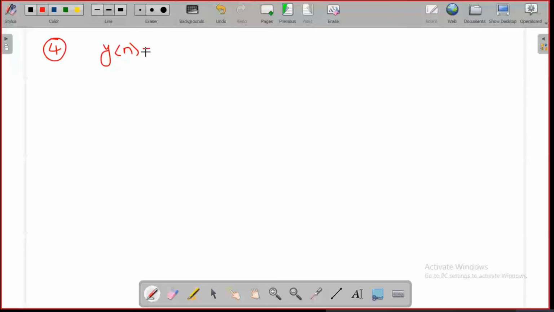y of n is equal to mod x of n. All of you try this parallelly. Let the inputs be x1 of n and x2 of n.